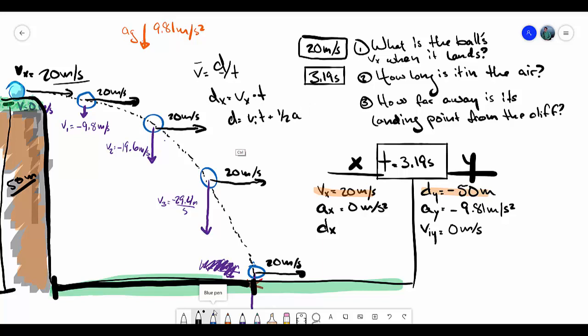So let's work this out. Let's put in a value for dx. We don't know. Let's put in a value for vx. It's 20 meters per second, this thing here. And the time, if this thing was in the air, was 3.19 seconds.